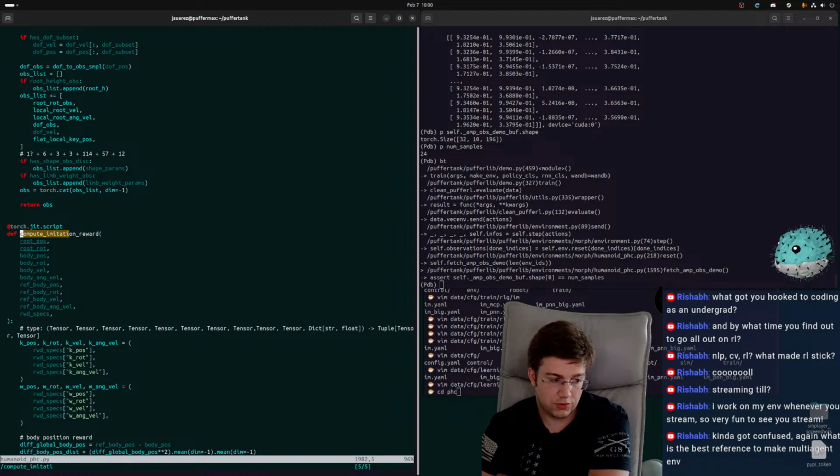The AMP loss uses the demo. I guess the demo is the target, is that the case? So is it not your two previous frames?